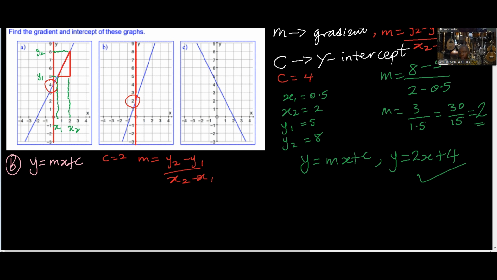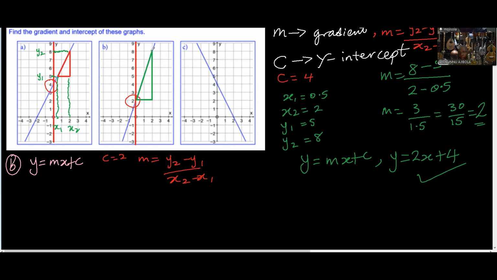To determine the gradient, the triangle is going to face that line, so let me put it across the line. Maybe I can use that point of 2 and this point of the other. So you can see the triangle, right? The green triangle.